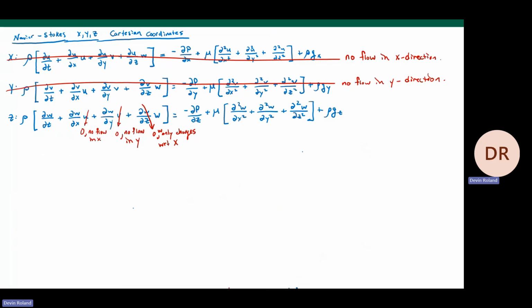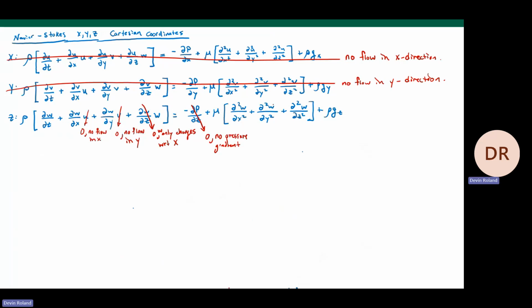And then on the right-hand side, we know there's no pressure gradient, right? So that is 0. That was a given. Now d squared w dx squared is going to stay because we know w changes with x.